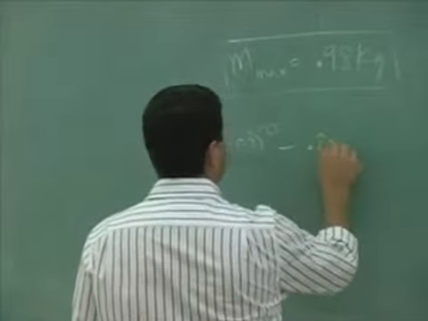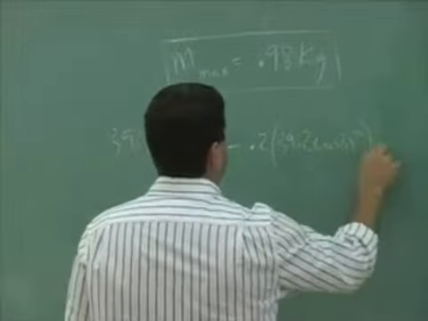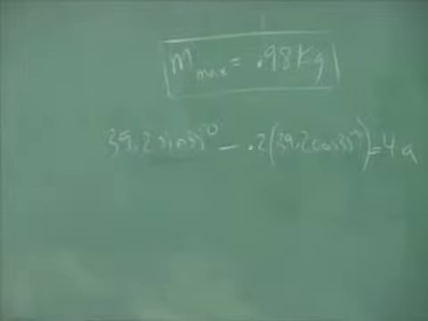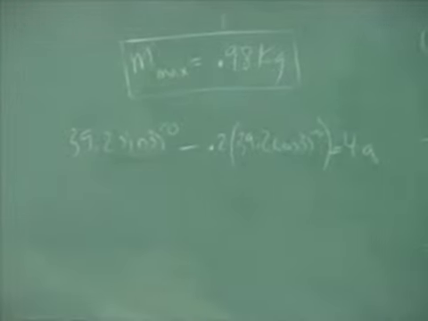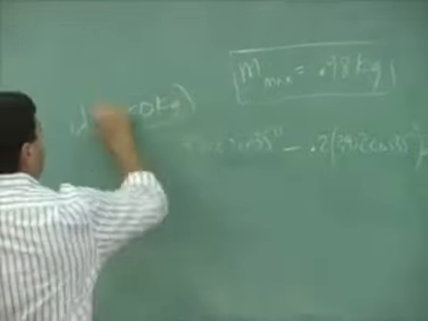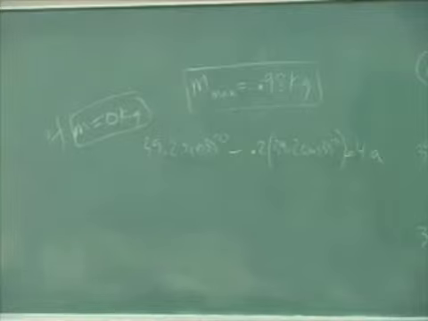So 0.2 times N equals ma. That's if the mass is 0 kilogram. That's the least you can have. It's equivalent to cutting the string and letting the thing just slide down in the presence of friction.